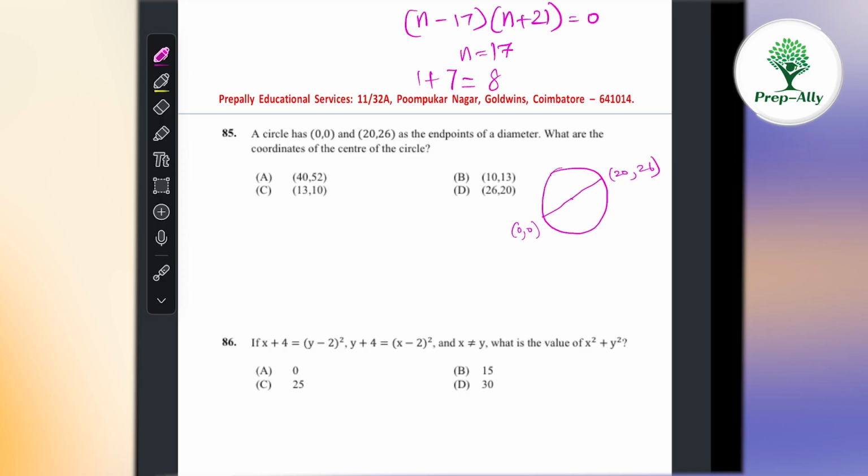That is just the midpoint of the ends of the diameter, right? The midpoint of the diameter is the center of the circle. So to calculate the midpoint, we use the midpoint formula, that is 0 plus 20 by 2, 0 plus 26 by 2, and that is 10, 13. Option B.